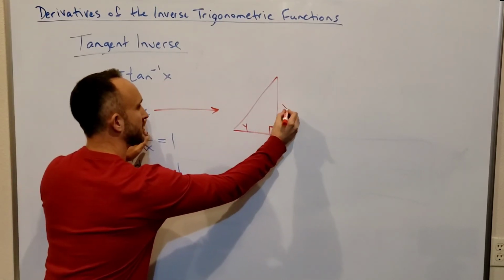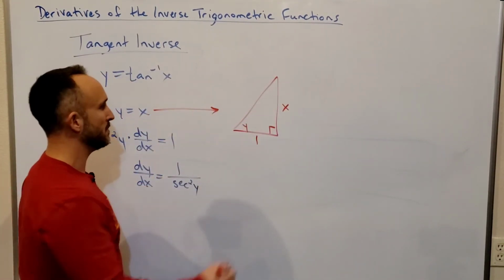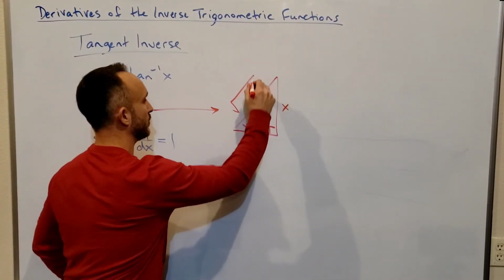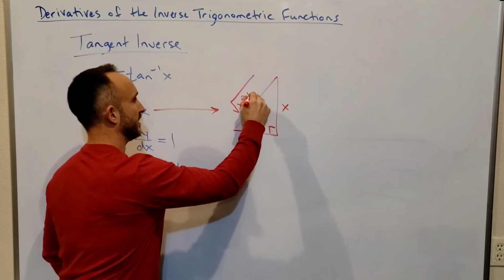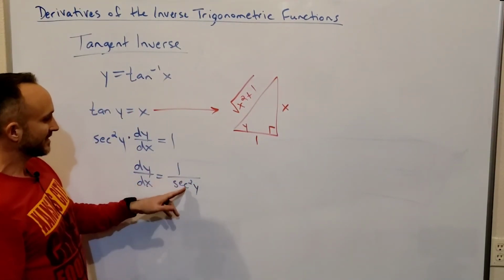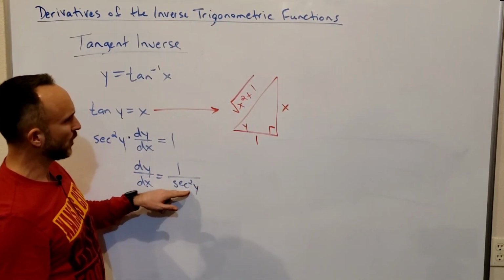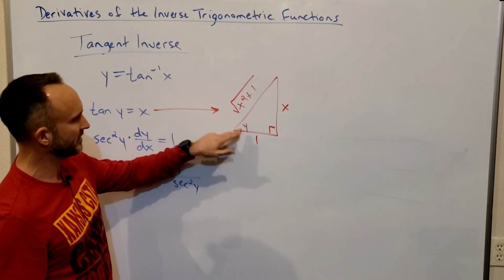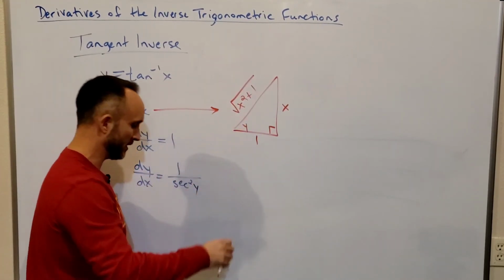So opposite over adjacent, x over 1. Meaning the hypotenuse will be the square root of this leg squared plus this leg squared. And so the secant of y would be hypotenuse over adjacent. So the secant of y would be the square root of x squared plus 1.